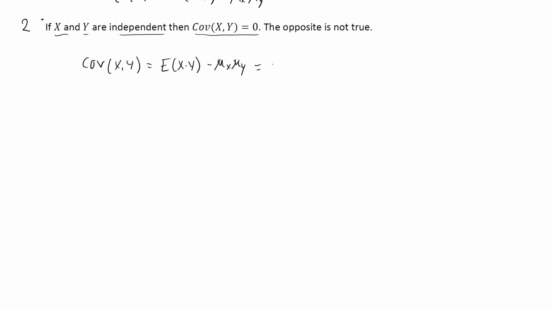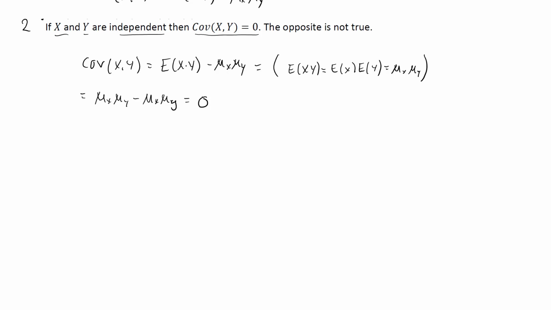If X and Y are independent, then we know that the expected value of the product is the expected value of X times the expected value of Y. That's only true if they're independent. And that's mu_X mu_Y. So I get mu_X mu_Y minus mu_X mu_Y, so that must come out to be 0. Independence implies 0 covariance.